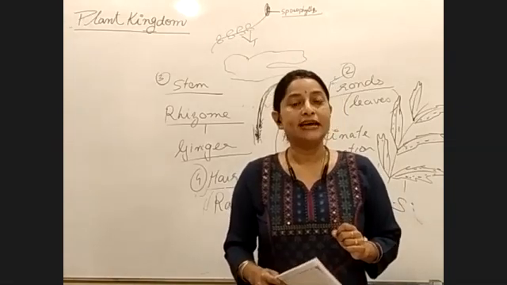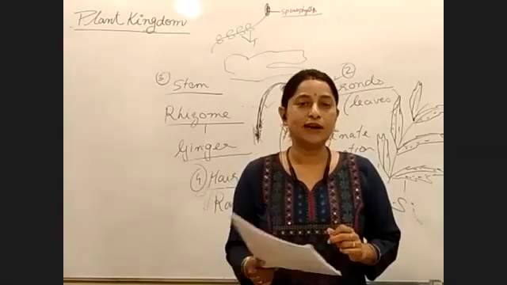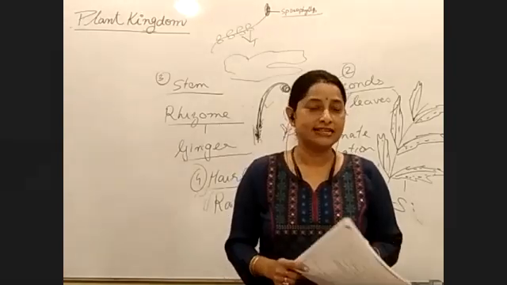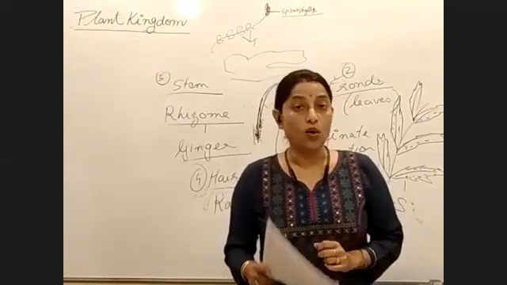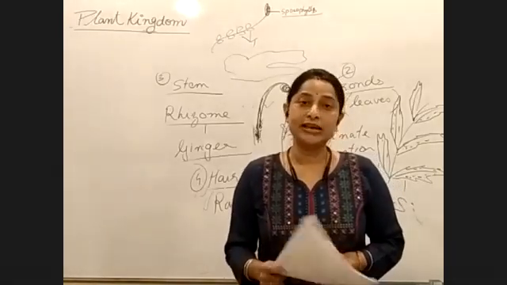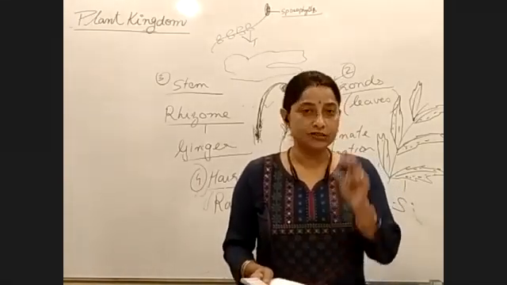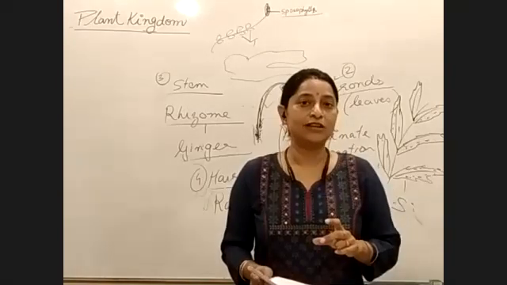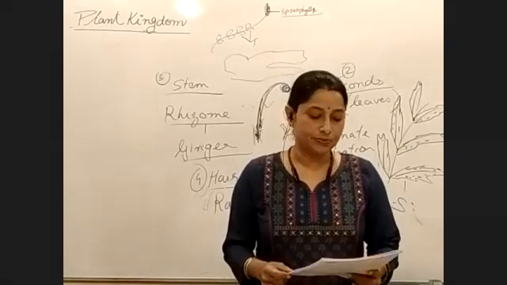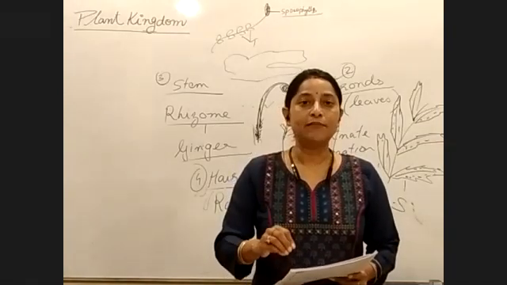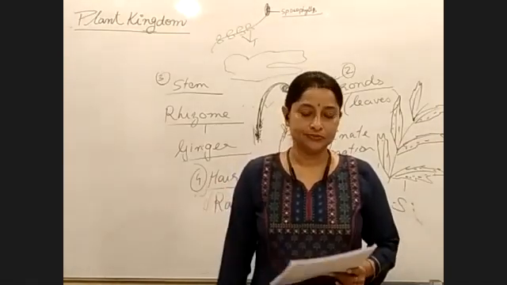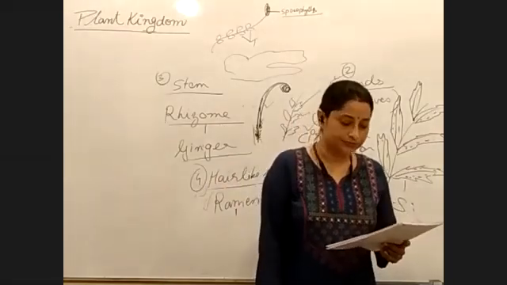So the question may ask: male gametes in ferns, biflagellate or multiflagellate? It is multiflagellate. But that does not mean in all pteridophytes the male gametes are multiflagellate. You have to know specific examples. So in ferns, the male gametes are multiflagellate. Clear?